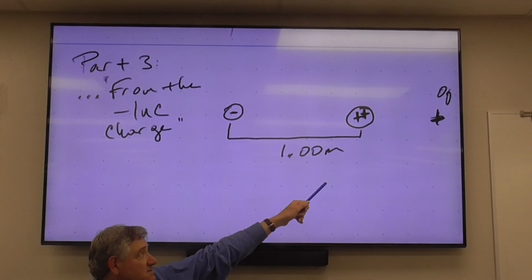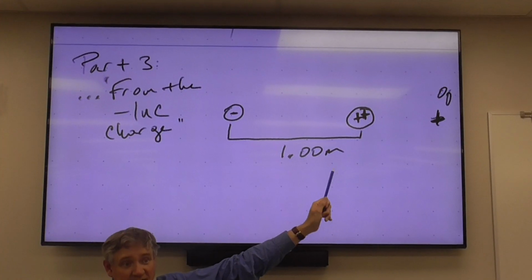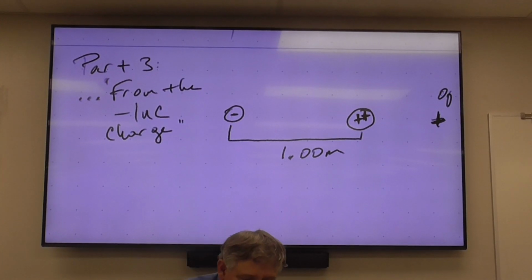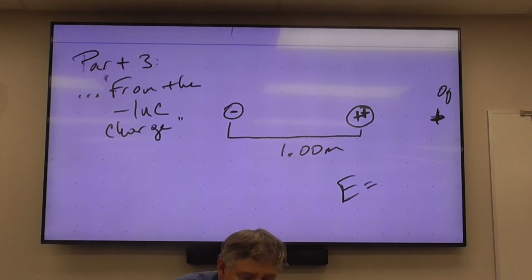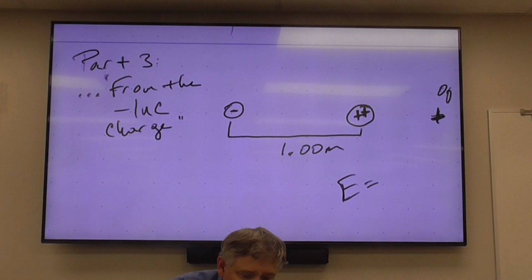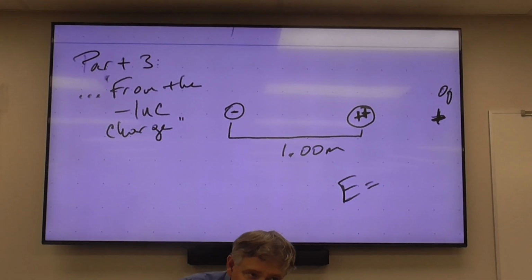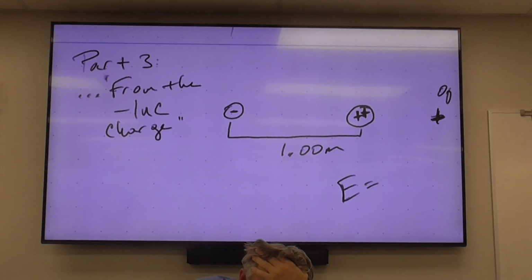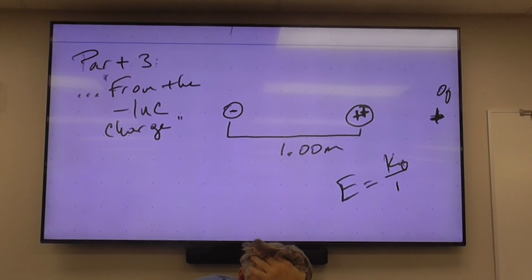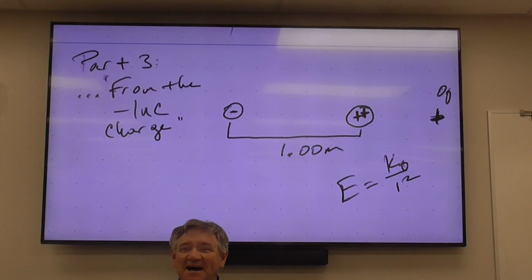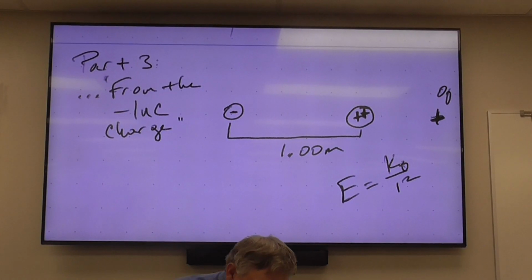So if I put a positive test charge out there, start with this. Mathematically, how do you calculate electric fields? In terms of distances and charges: E equals kQ over r squared, right? You've got to have that, or we're kind of dead in the water.